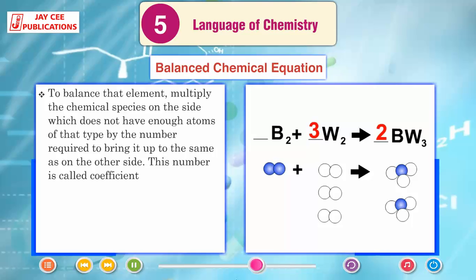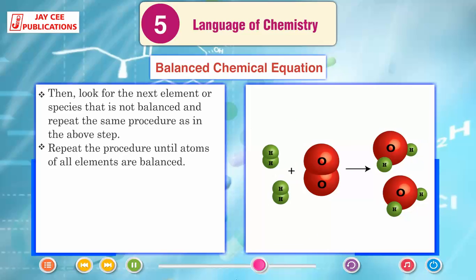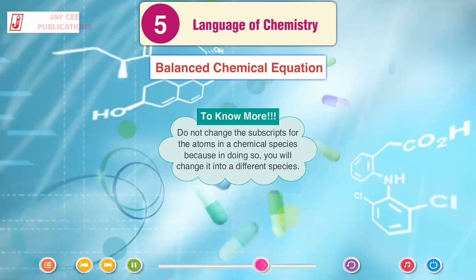This number is called the coefficient. Then look for the next element or species that is not balanced and repeat the same procedure as in the above step. Repeat the procedure until atoms of all elements are balanced. To know more, do not change the subscripts for the atoms in a chemical species, because in doing so you will change it into a different species.